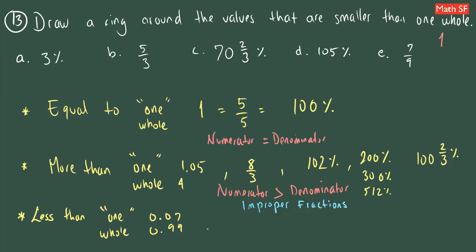That's still less than one whole. If we're talking about a fraction, that could be like 2/5. Why 2/5? Because the numerator is less than the denominator, and they are called proper fractions.